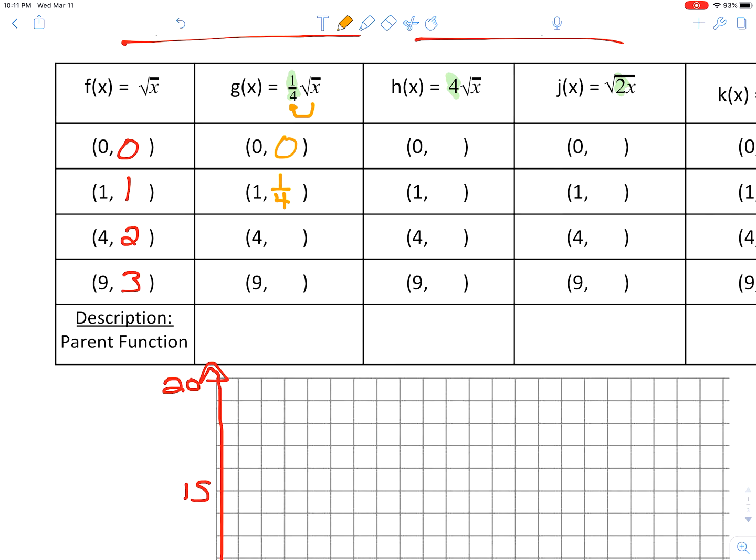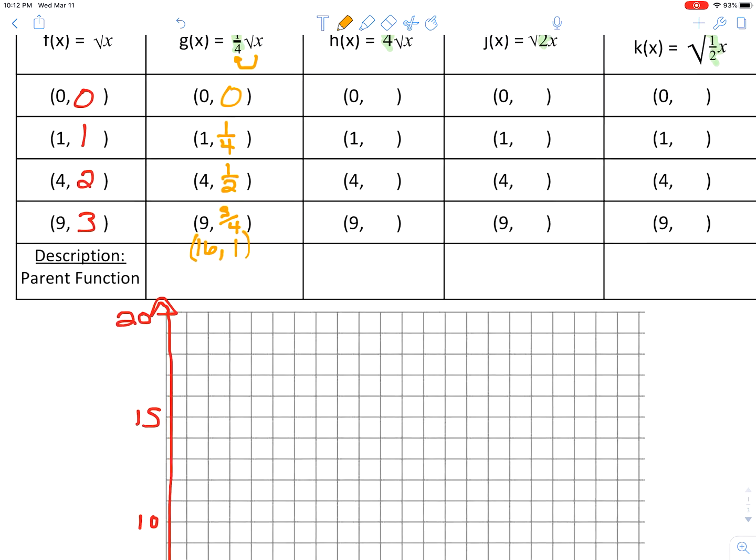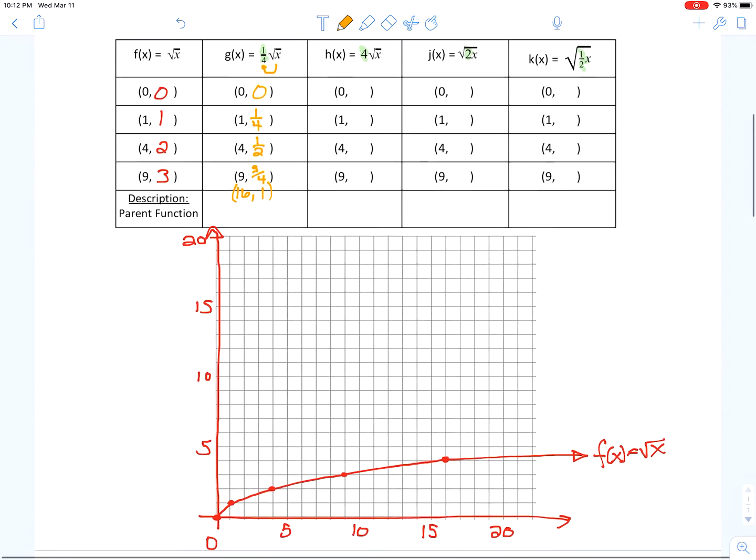When I put a 4 in, I get 2. And 2/4 is 1/2. And when I put a 9 in, I get 3/4. We have enough space to put in the next square rootable number, which is 16. And when you put a 16 in to the square root, that's 4, 4 over 4. We finally get to 1. Let's put those points in and see what it looks like.